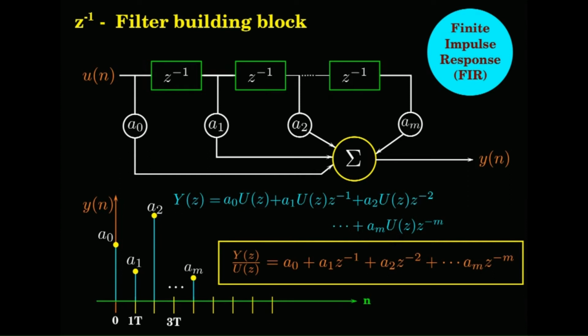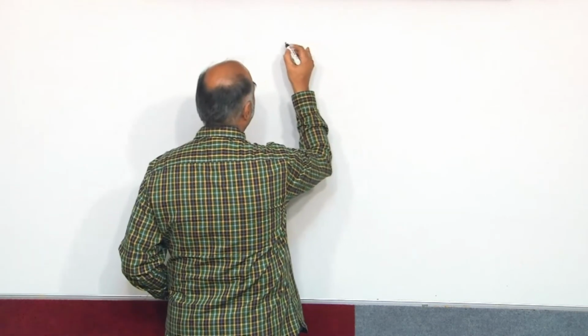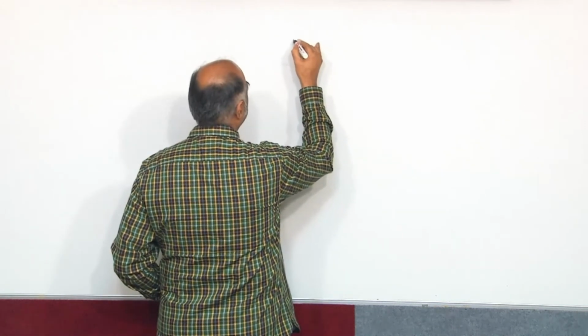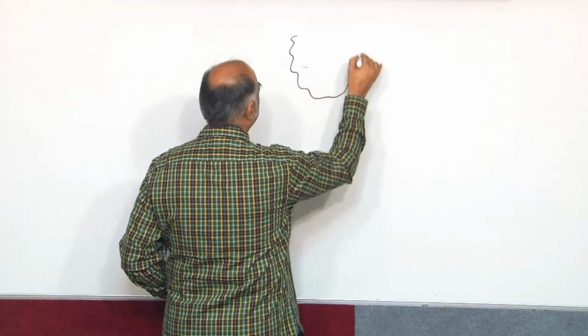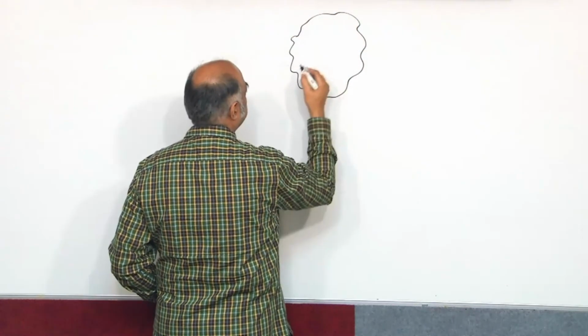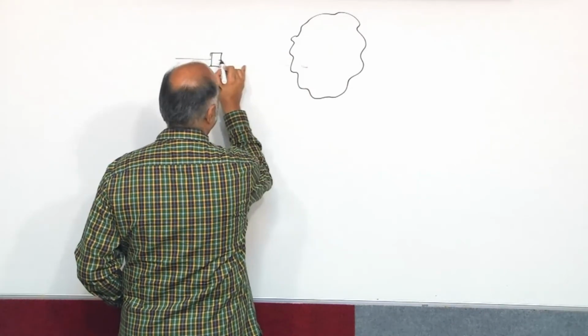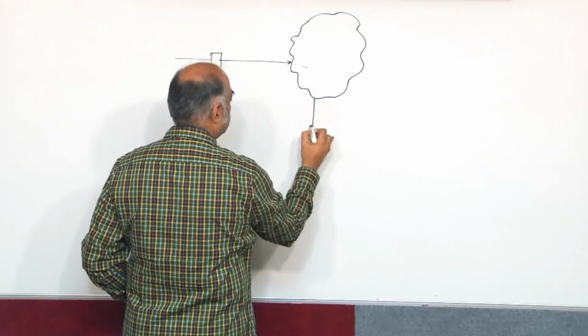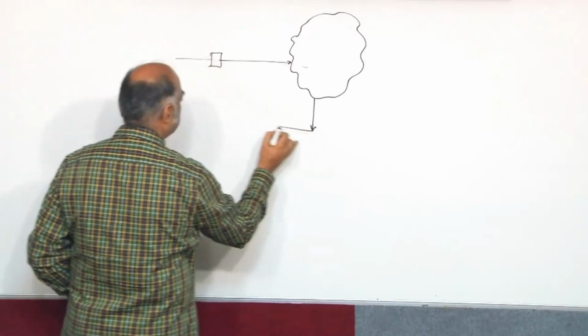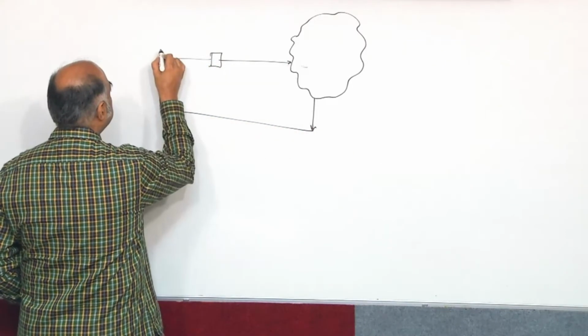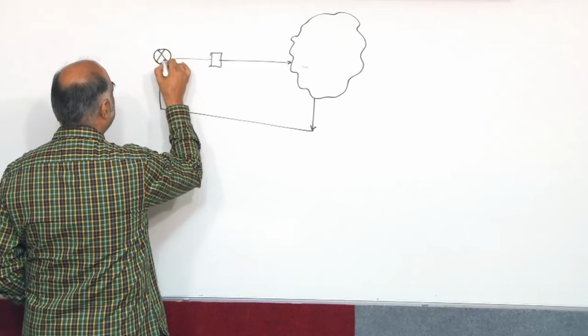You see, we had this plant, right? In a very simplistic sense, this is our control system.